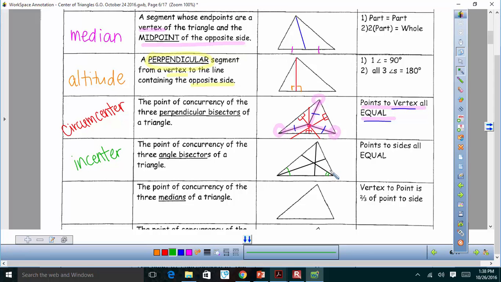This angle is equal to this angle. And this angle is equal to this angle. Okay? Here is my incenter.